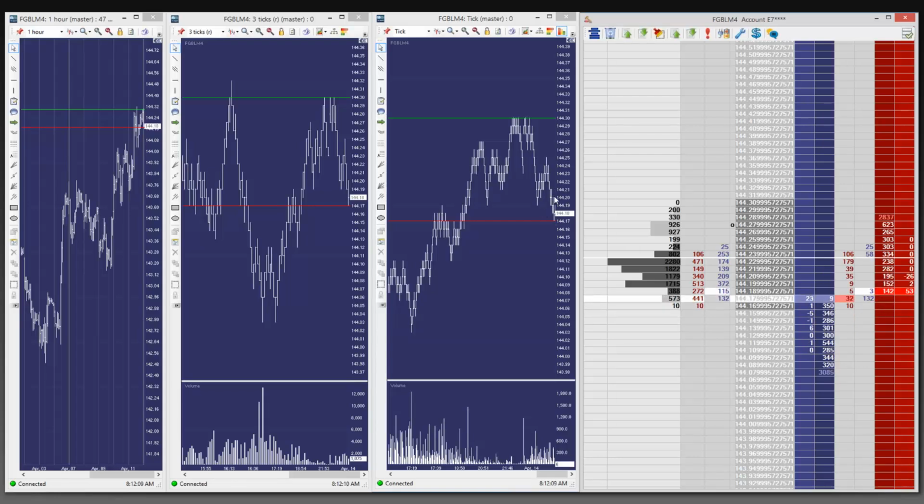If it keeps ticking off this, you don't want to see it tick back on heavy volume. You don't want to see aggressive buying with size hitting the offer. That's not what you want to see if you're short. You want to see tick highs contained. So this is what I'm looking for.